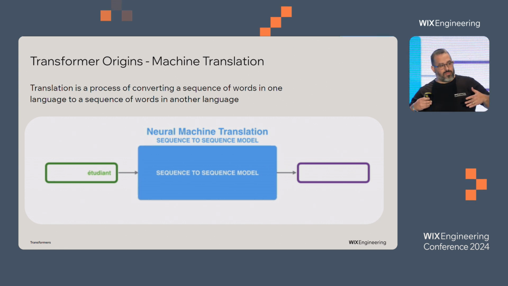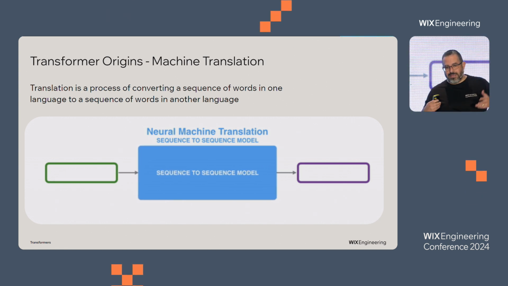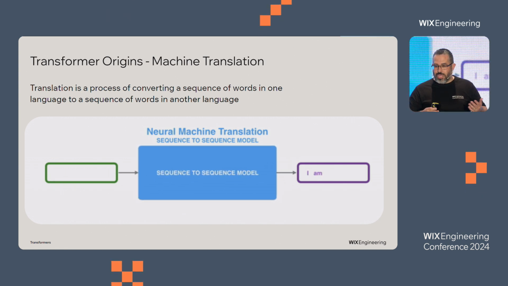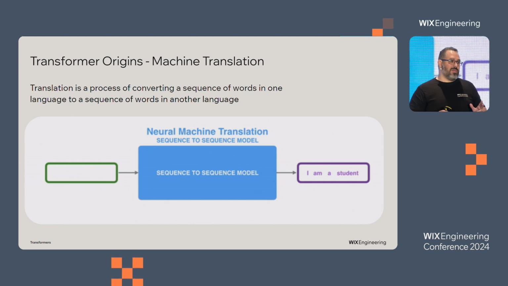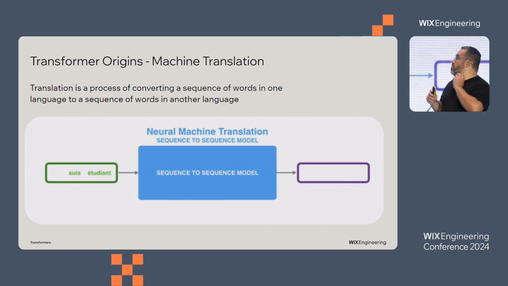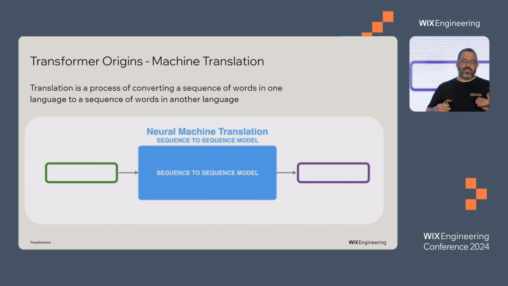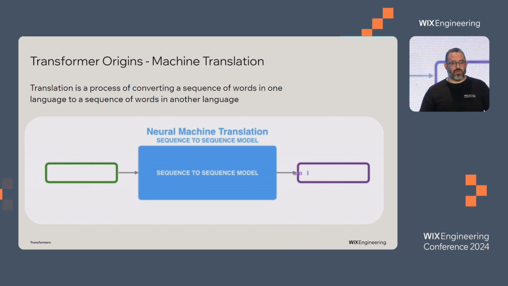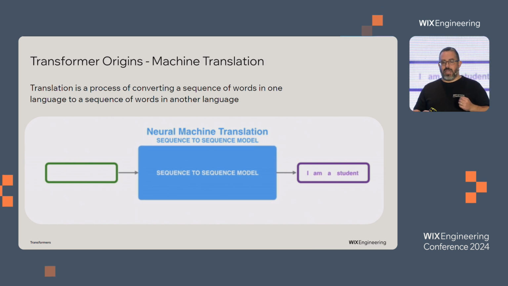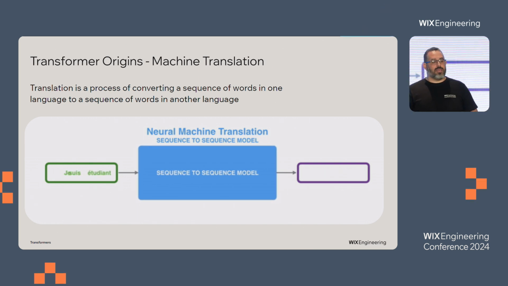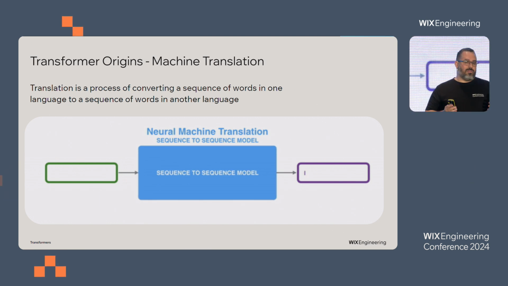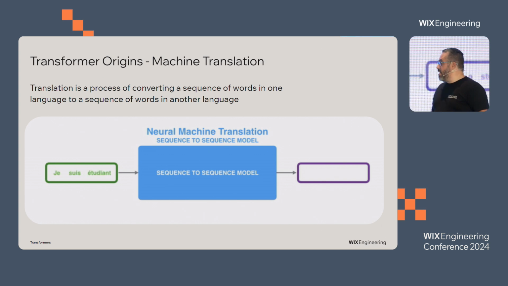So just to give a bit of the history behind the transformer, originally the transformer was developed to perform neural machine translation. The original paper presented by Google in 2017, where they presented the architecture, was initially applied to the problem of translating from English to French or English to German.